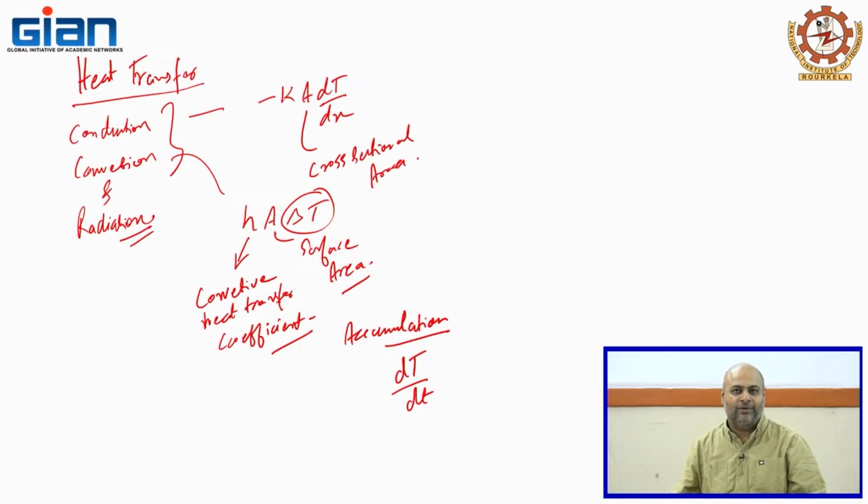Accumulation is with respect to time, right? So that's why in a steady state scenario, you don't consider the accumulation, because there is no change in temperature with respect to time. In practical sense, do we use steady state scenarios or unsteady state scenarios? It's mostly unsteady state, because the temperature is going to change with respect to time.